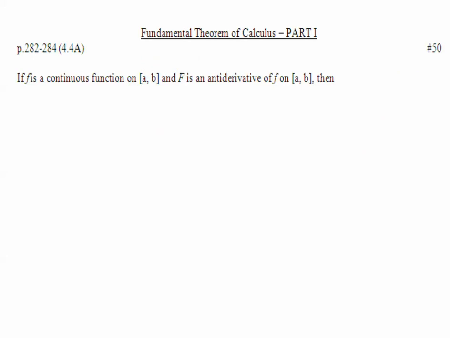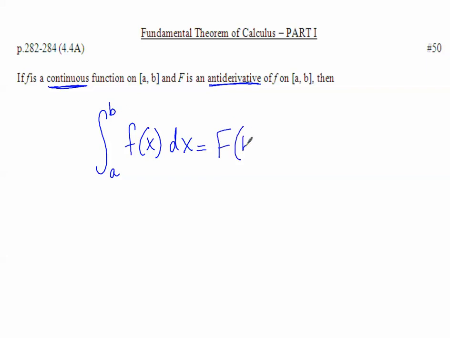Now in your notes, we're saying f is a continuous function. Remember, if we're creating area, we need a continuous function on an interval. Capital F will represent our antiderivative of little f on an interval a to b. Then the definite integral from a to b of f of x dx is the antiderivative evaluated at the upper limit minus the antiderivative evaluated at the lower limit.